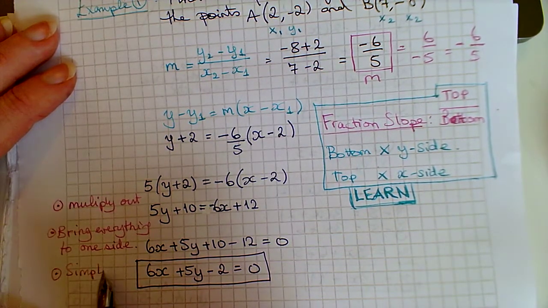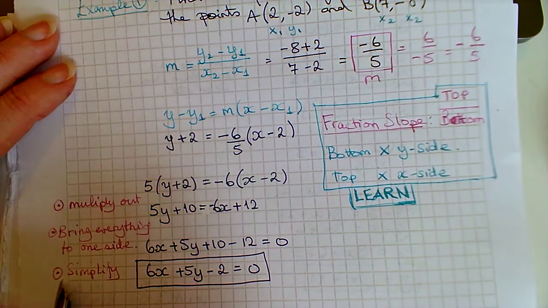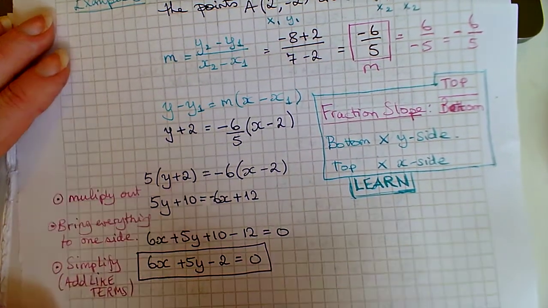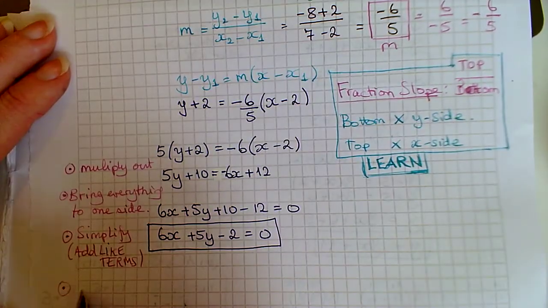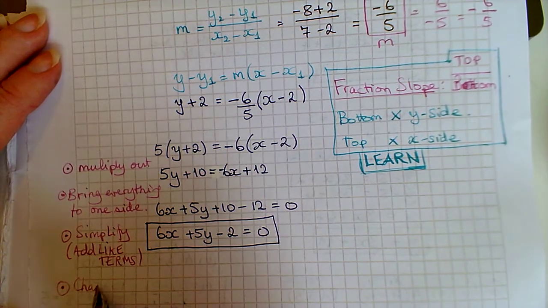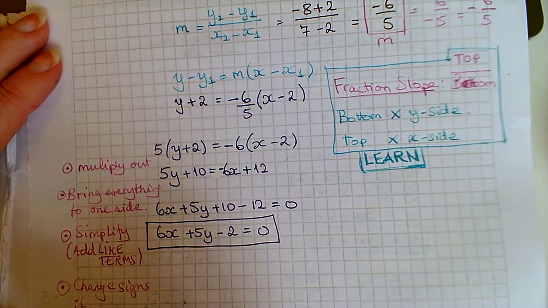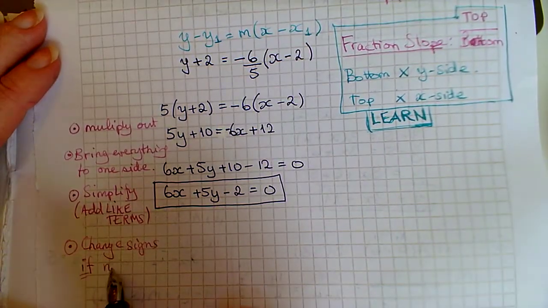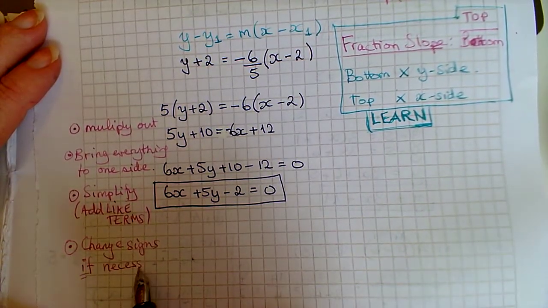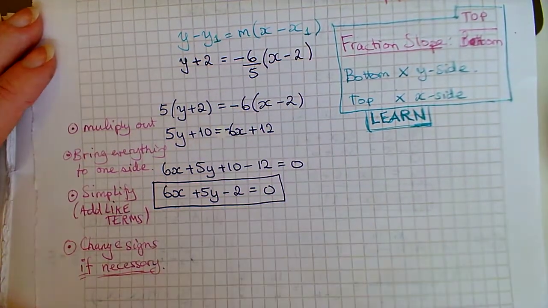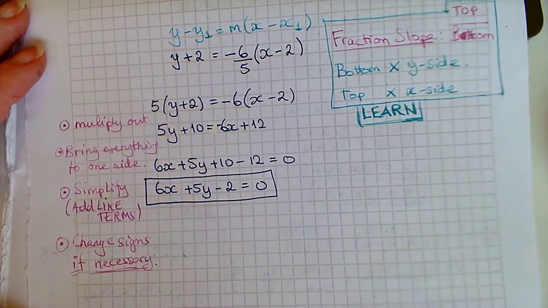And remember, simplify in maths means add or subtract like terms. I didn't need to change the signs, but sometimes you will. So change the signs only if necessary. If there was a minus in front of the x, we would change the signs.